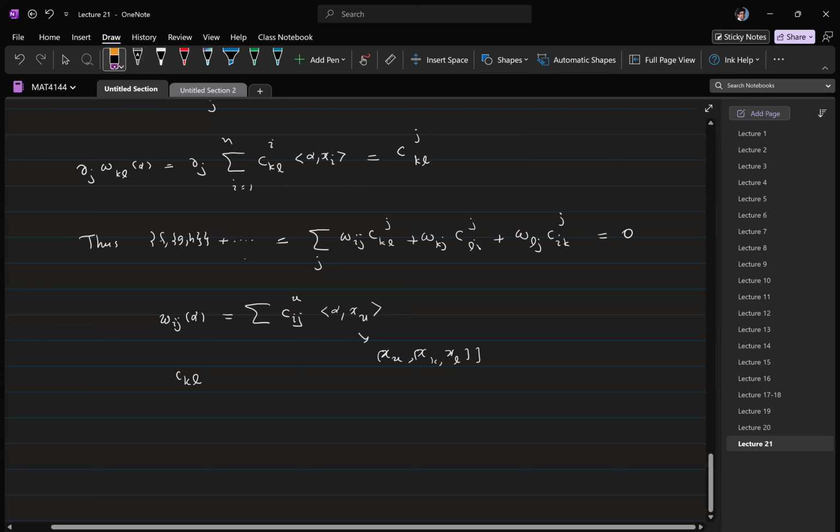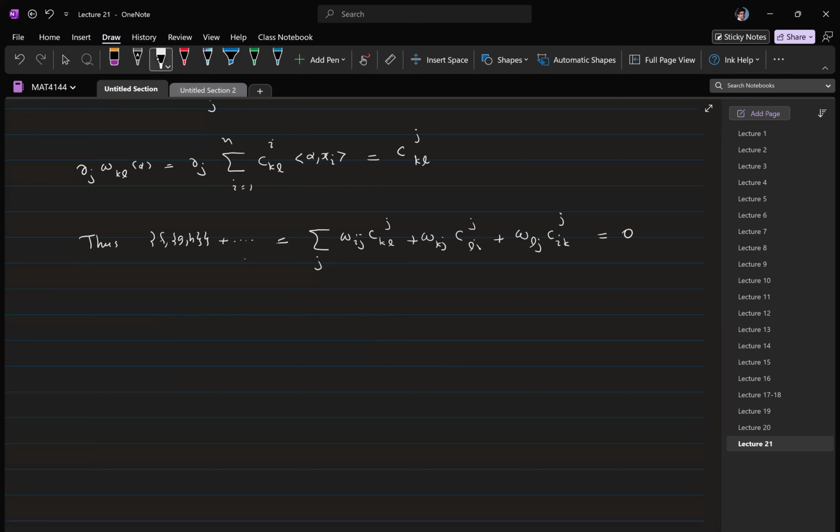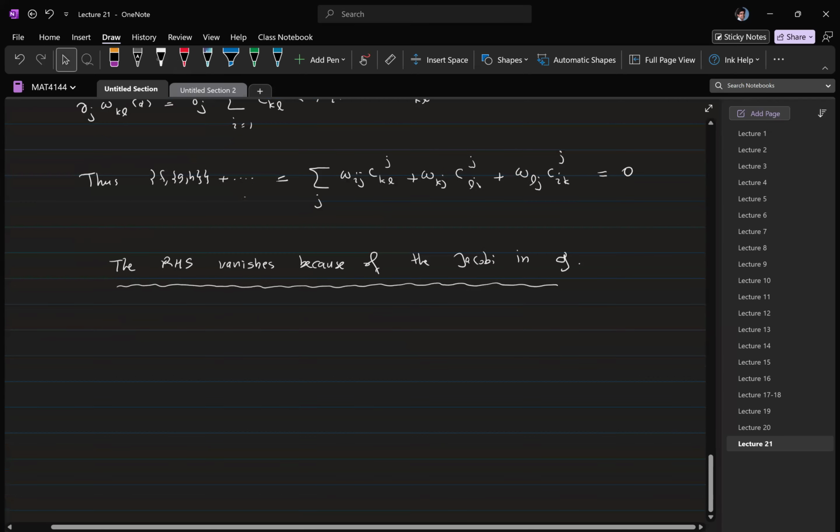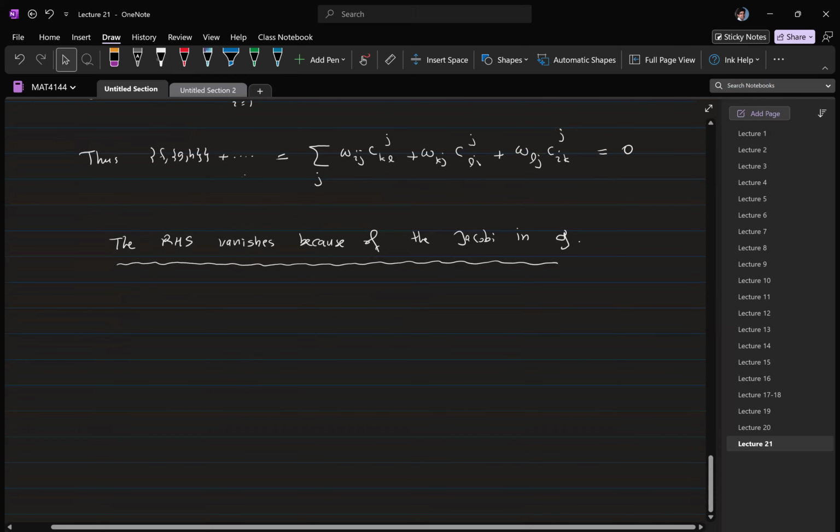Maybe I should complete this loose point in the slide. I will complete this later on, and I'll post the slide. So the right-hand side vanishes because of the Jacobi in G. There's this last bit we have to expand and see, which I did in my calculations, but I do not remember.